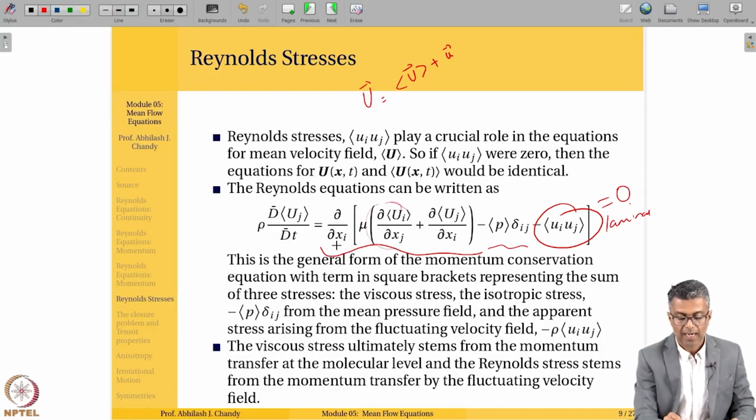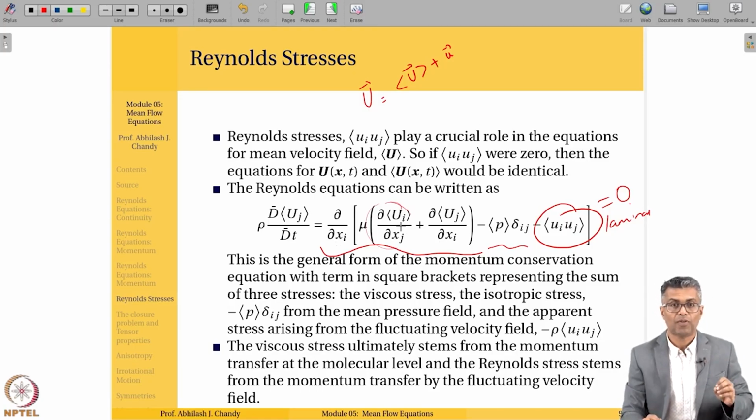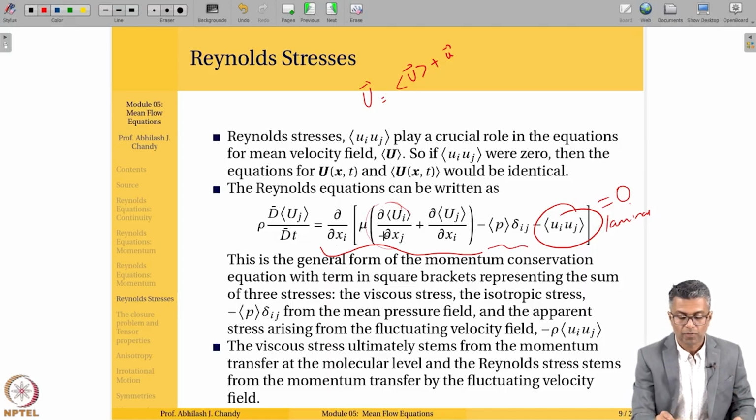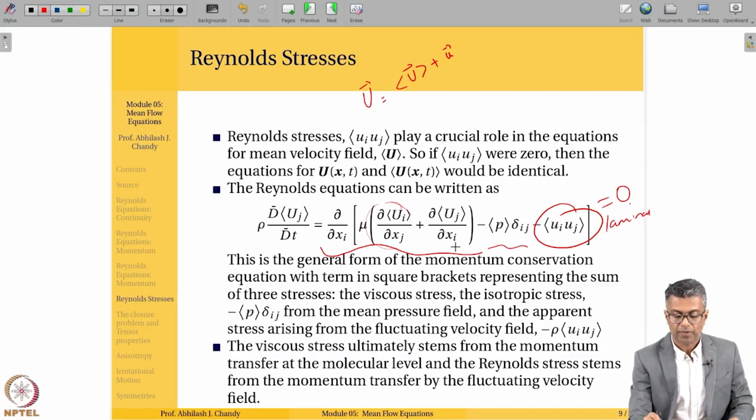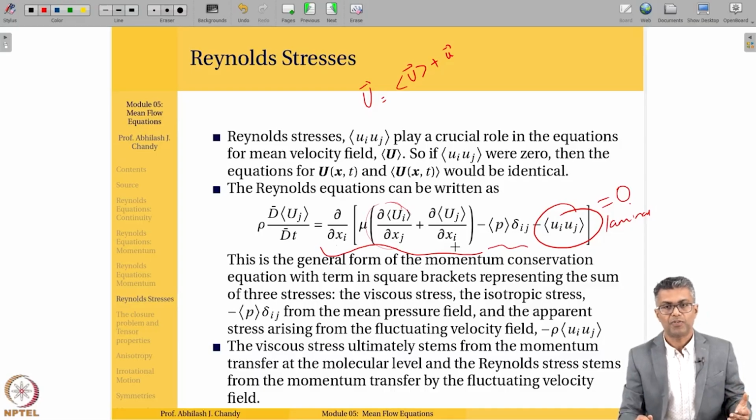Since the mean velocity also satisfies continuity, the derivative of this first term will automatically go to 0. So you're left with a double derivative, which is how you would see the viscous term.